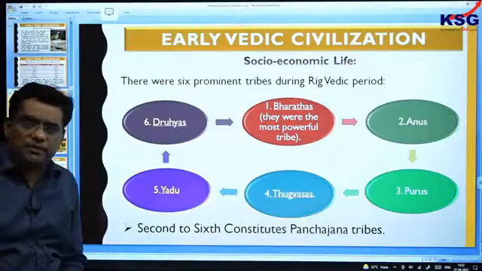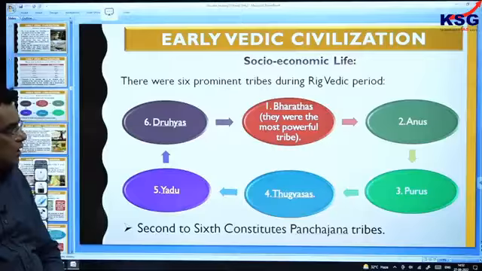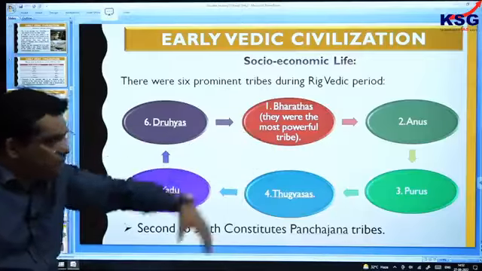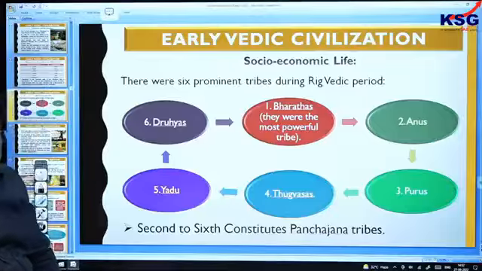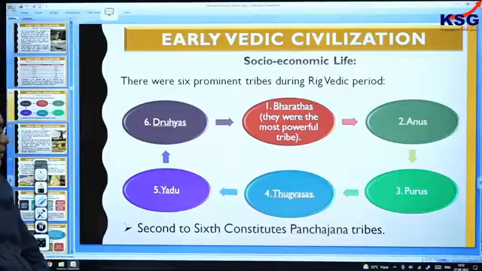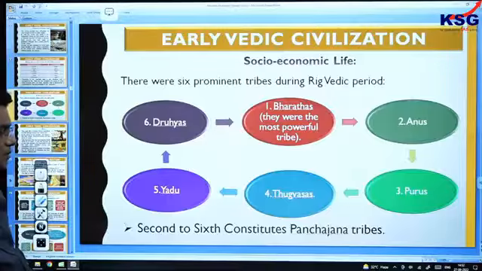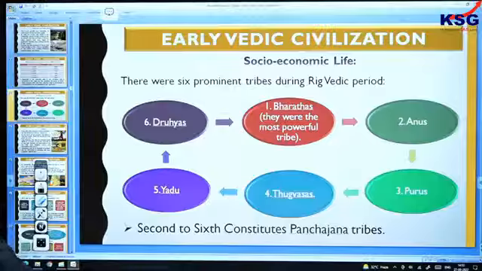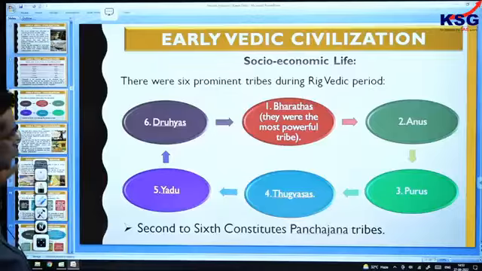There were many tribes, but some important ones: the Bharat tribe, the most powerful tribe. Then we have Anu, Puru, Turvasha, Yadu, Druhyu. The second to sixth constitute the Panchajana tribes.